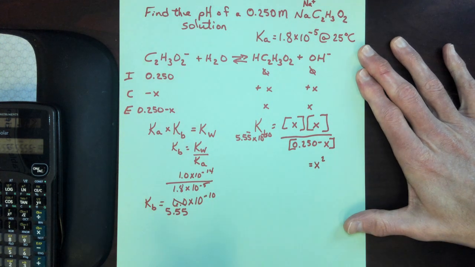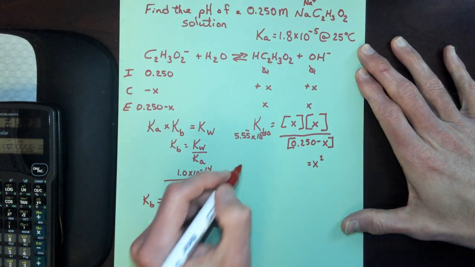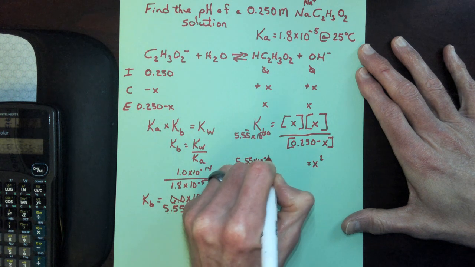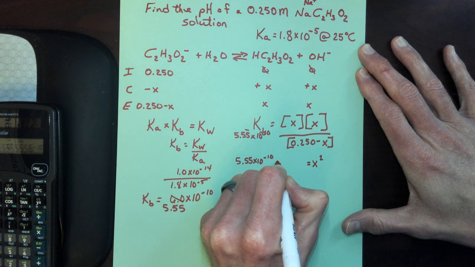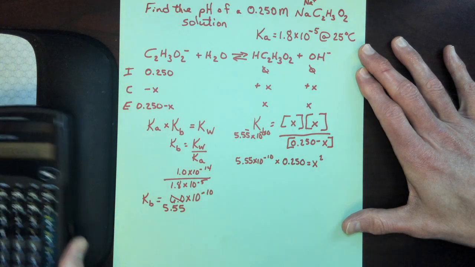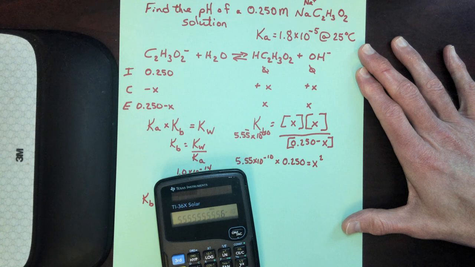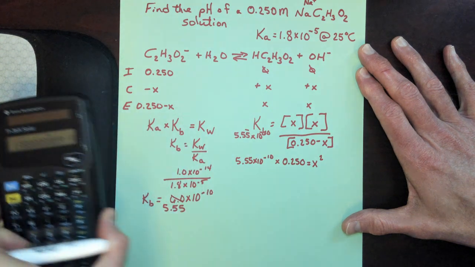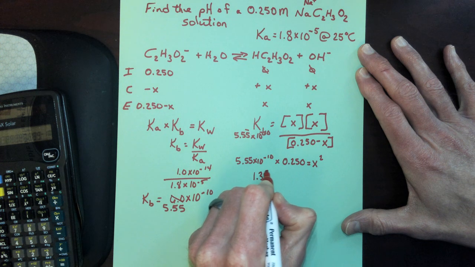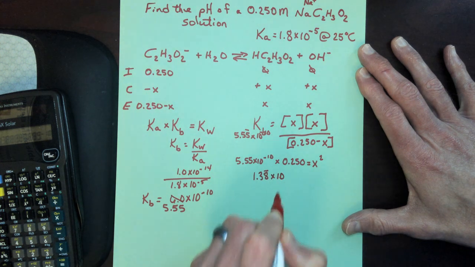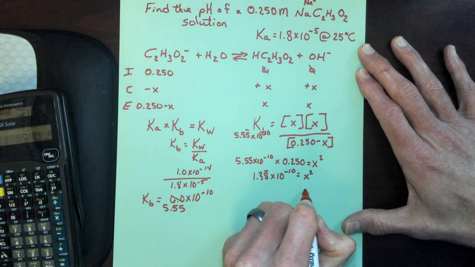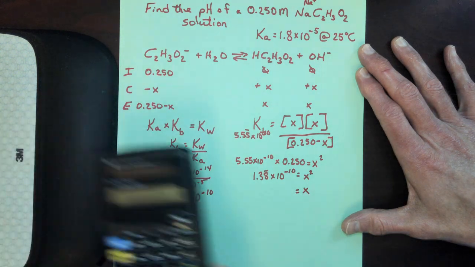Then I'll look and see if it's under 5% so that I can safely make this approximation. So times 0.25, I get 1.38 times 10 to the negative 10 equals x squared.